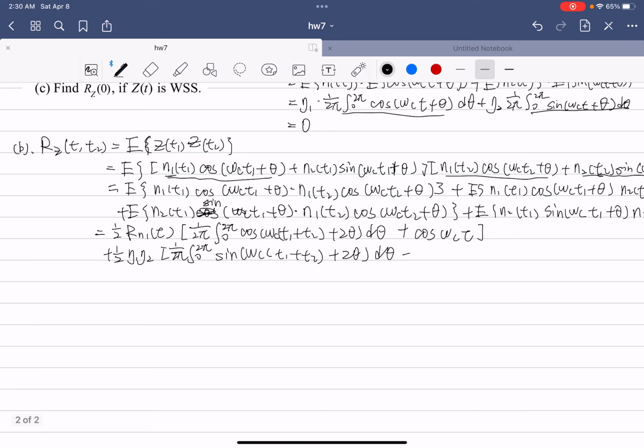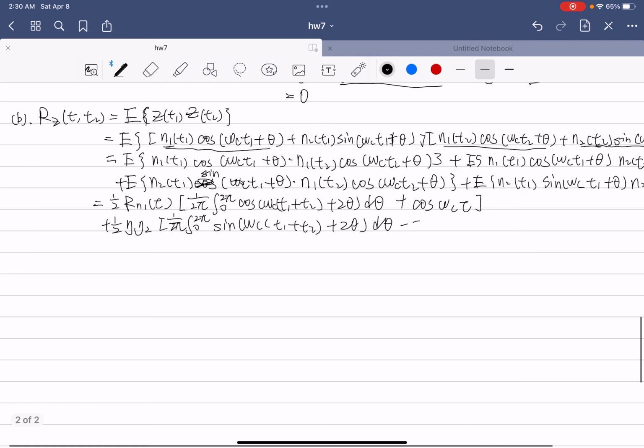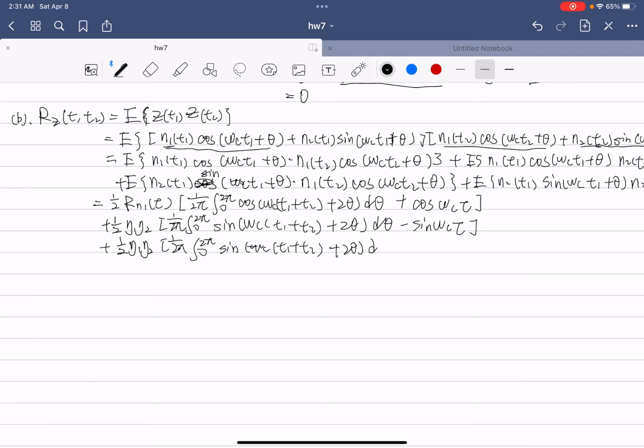Then here is minus sine omega c tau over 2, then plus from 0 to 2 pi sine omega c times (t1 plus t2) plus 2 theta d theta. Here is plus sine omega c tau over 2.